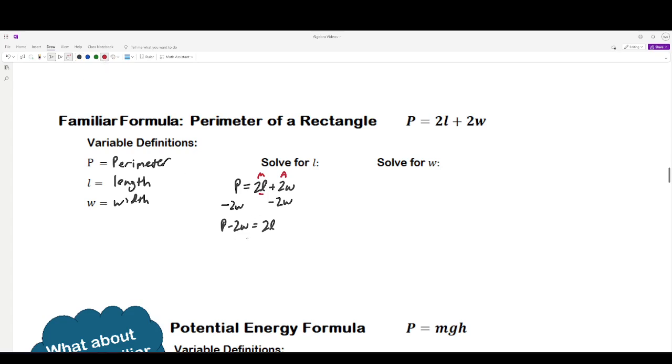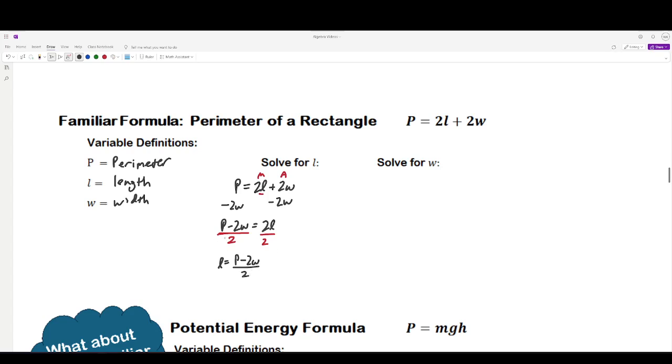And remember, like I said before, there's two ways to represent this. I can divide both sides by 2, or I can divide each term by 2. That would lead to the answer looking slightly different, but both are correct as long as L is by itself. In this case, I'm going to do P minus 2W all over 2, and that gives me L equals P minus 2W over 2.